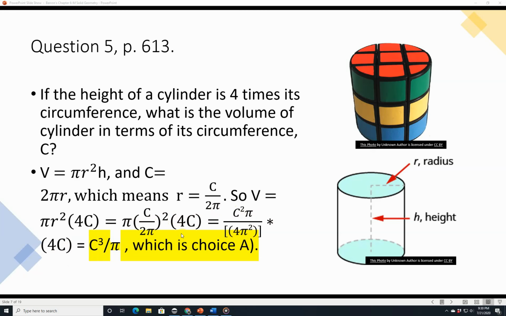We can see, haha, no pun intended, that this c goes with these other two. That becomes c cubed, because it's c times c times c. And then this pi on the top cancels out one of the pi's in pi squared, so we just end up with c cubed over pi, which is choice A. All right.